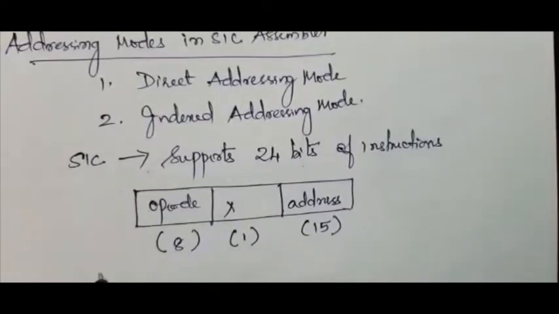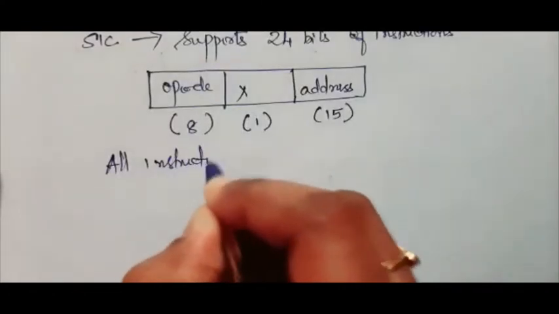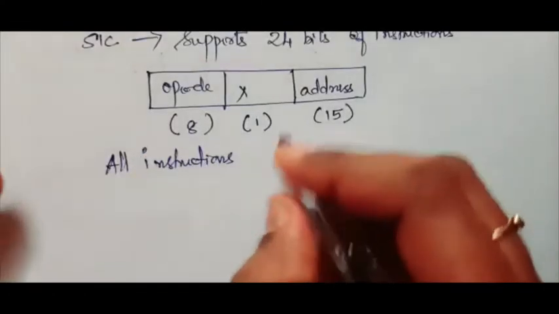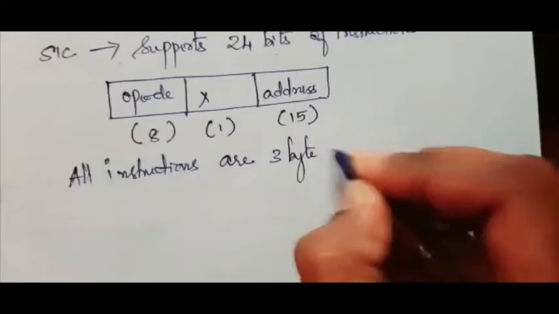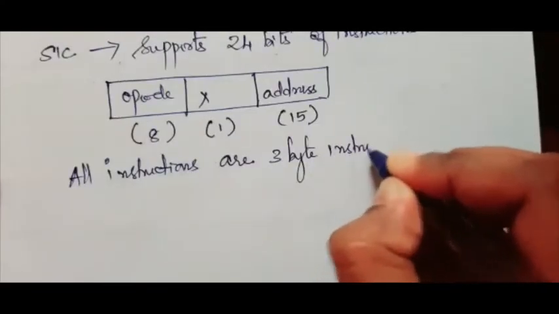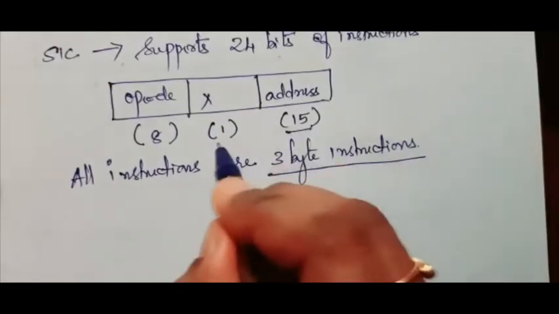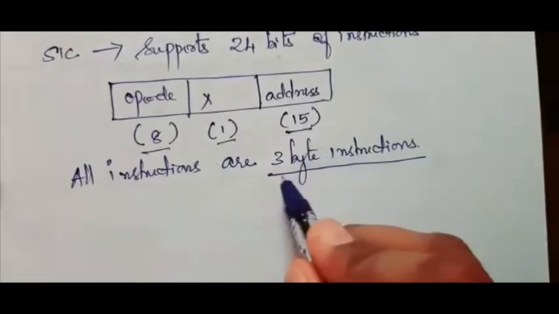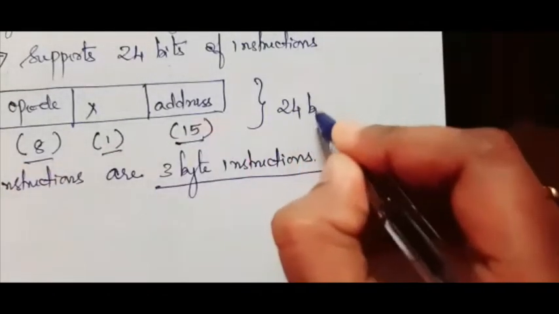Okay, so all instructions are 3-byte instructions. So here 15, 16, 24. Okay, so a 3-byte instruction totally consumes 24 bits.